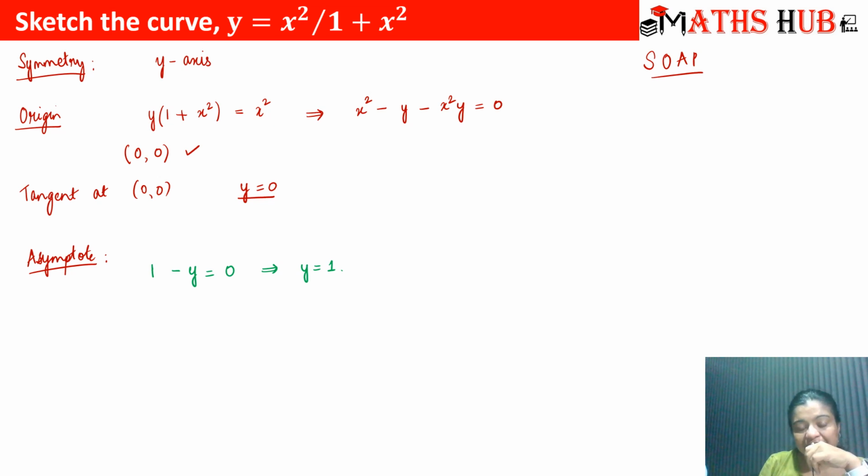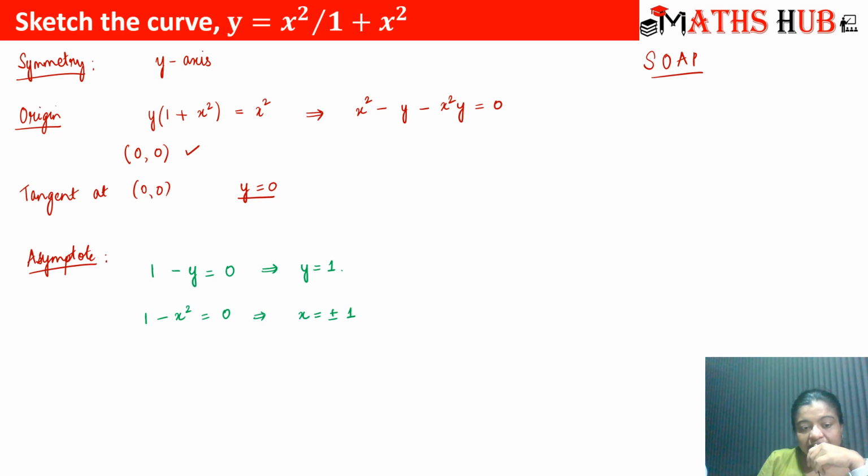Now let us calculate the other asymptote. For that we have to equate the coefficient of the highest power of y equal to 0. That will give us 1 minus x square is equal to 0. So from there we will get x is equal to plus minus 1, right?